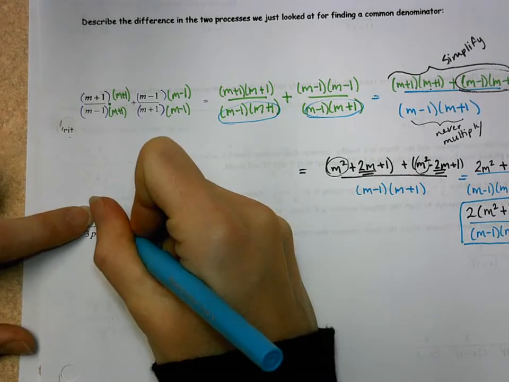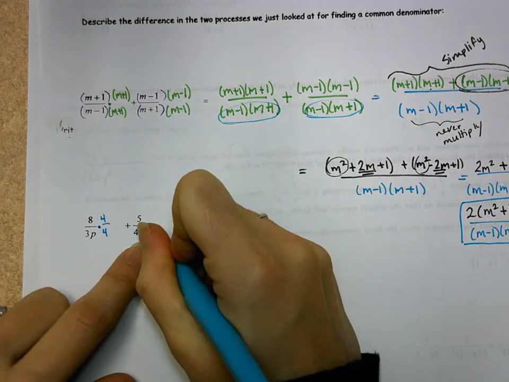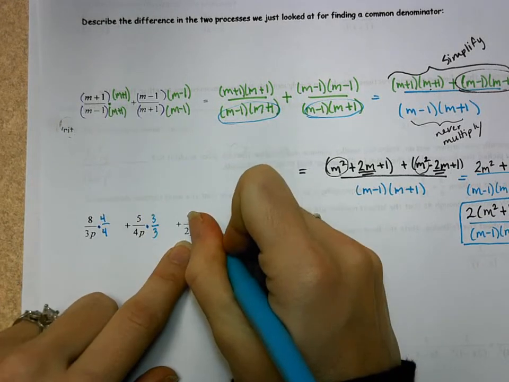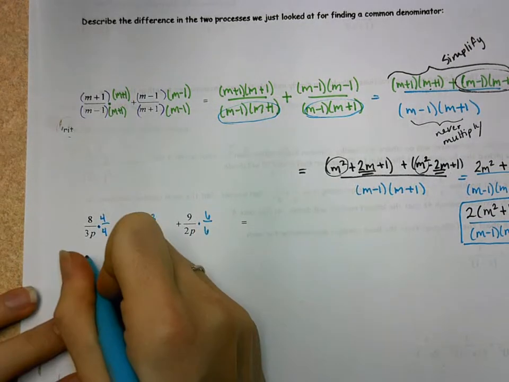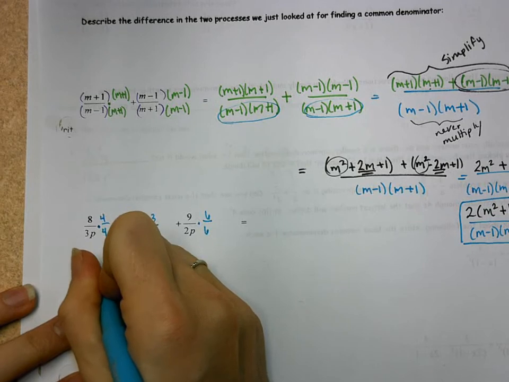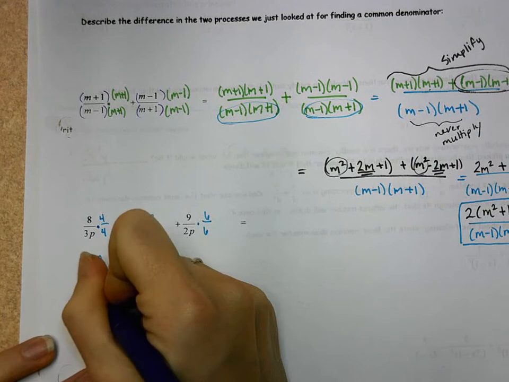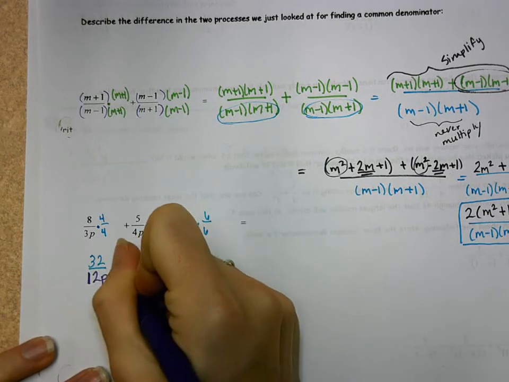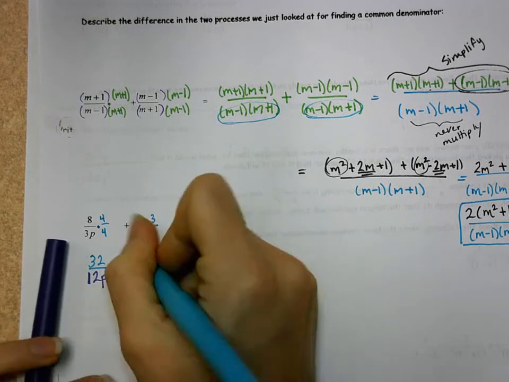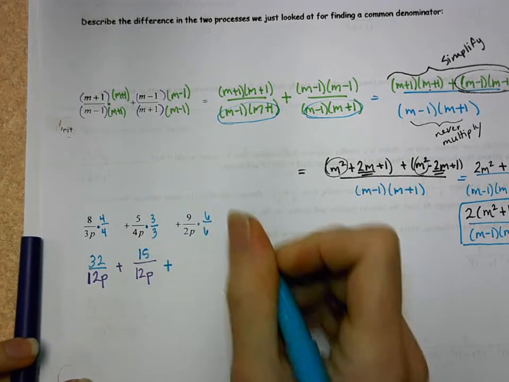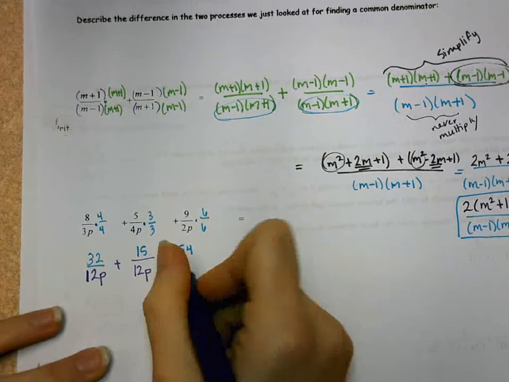by 4, and I need to stay consistent with the numerator. Multiply the second one by 3 over 3, and multiply the last one by 6 over 6. So I simplify these, and I have 32 over 12p, plus 15 over 12p, plus 9 times 6, which is 54, over 12p.